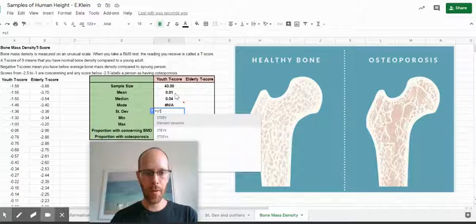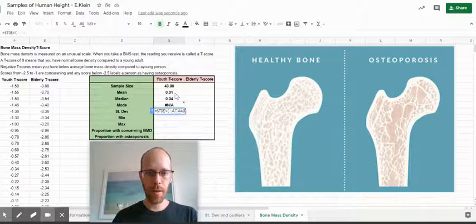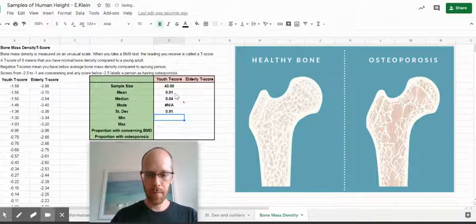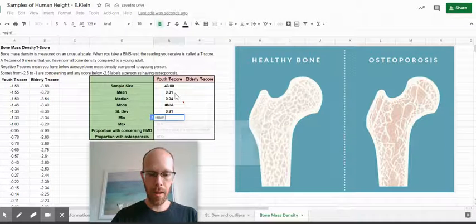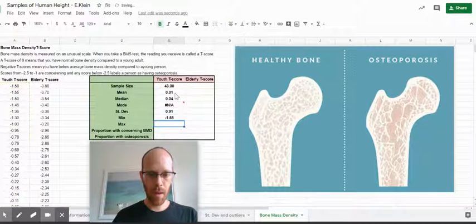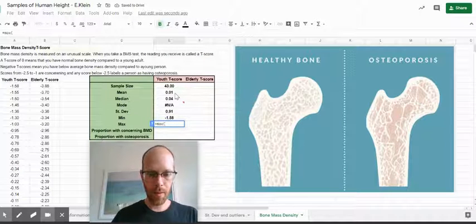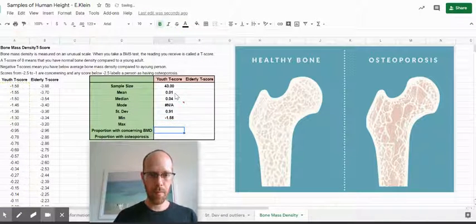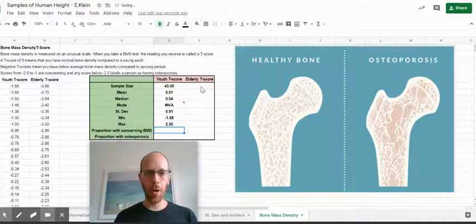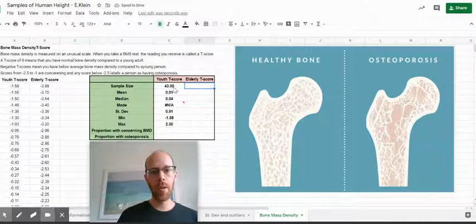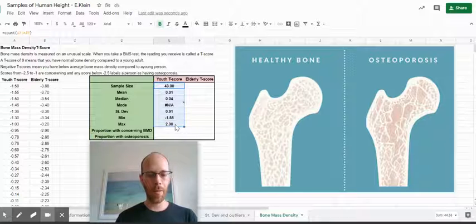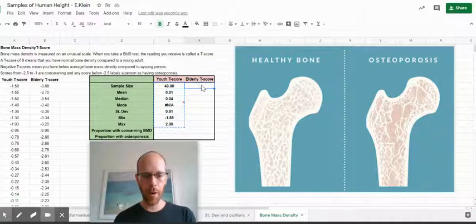Here we go, standard deviation, min, and max. Okay. Now I'm going to go ahead and do the same thing for the elderly scores. Now it'd be nice if we could just copy these and paste them right over here.